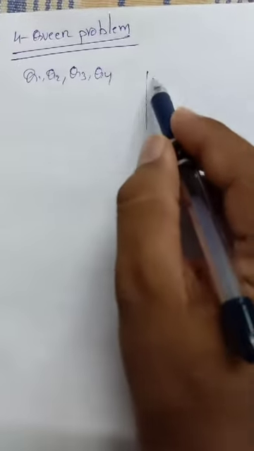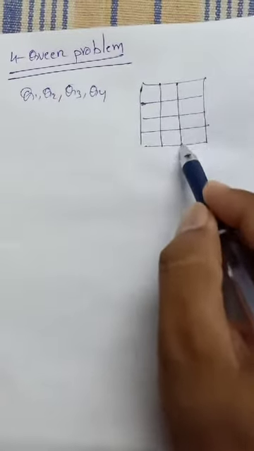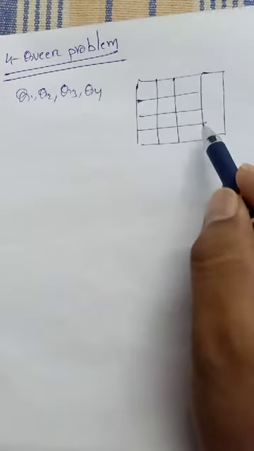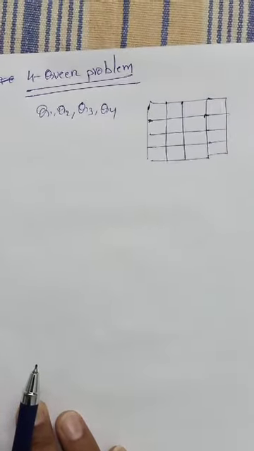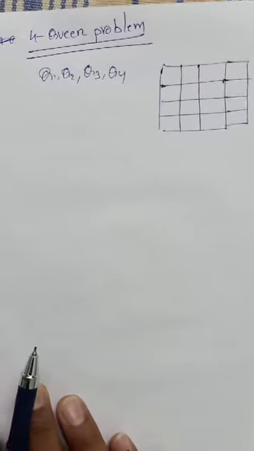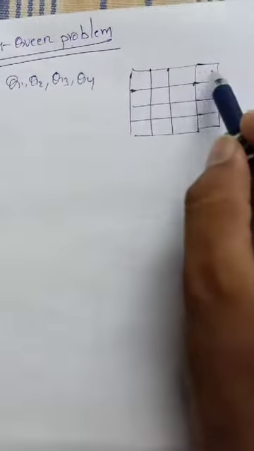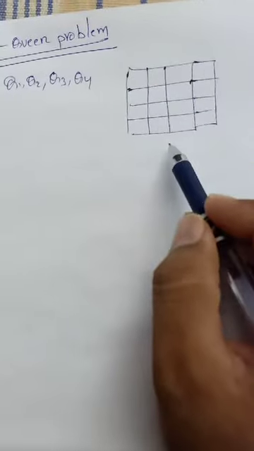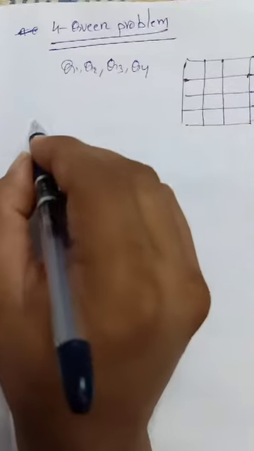Our task is to assign each queen in each row. For example, we have to assign q1 in row 1, q2 in row 2, likewise, such that there is a bounding condition. What is the bounding condition?